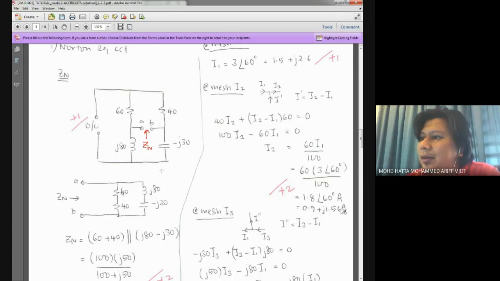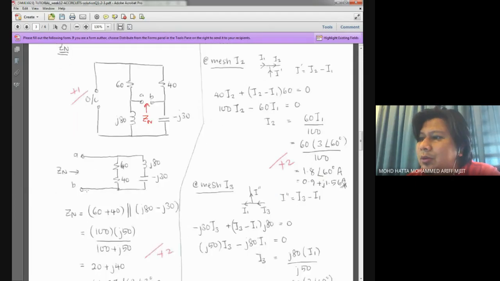If you draw this circuit, I will give you marks. If you simplify, it will make your calculation a lot easier. Before this, I explained to you how to simplify in order to make your circuit easier to analyze.